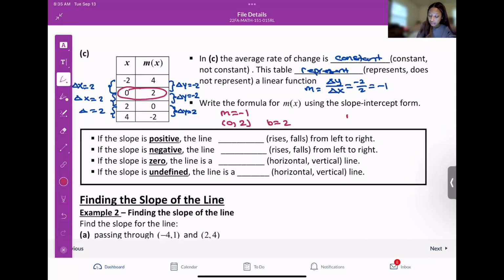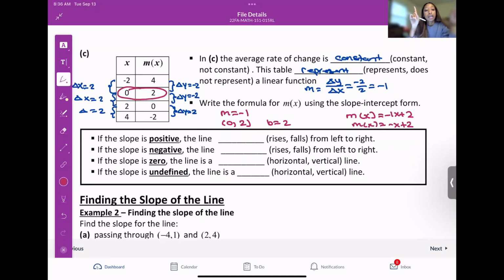Putting those two things together, what would the equation of the line given by this table be? -1x plus 2. Yes, you can also just write it as -x plus 2. Okay? Yay! So that's a line with a slope of -1 and a y-intercept of 2.